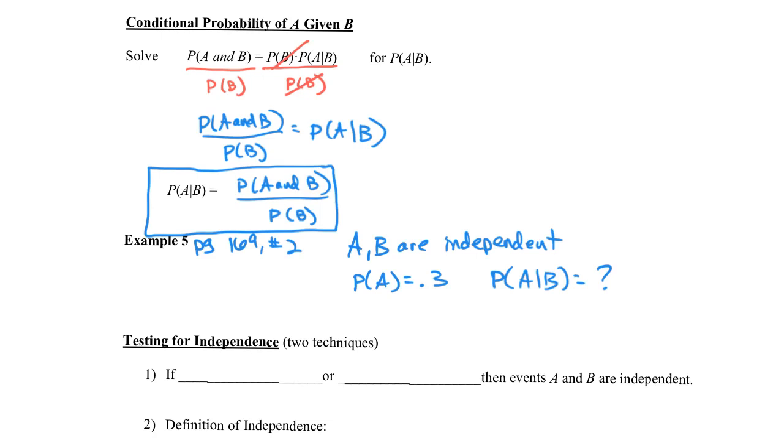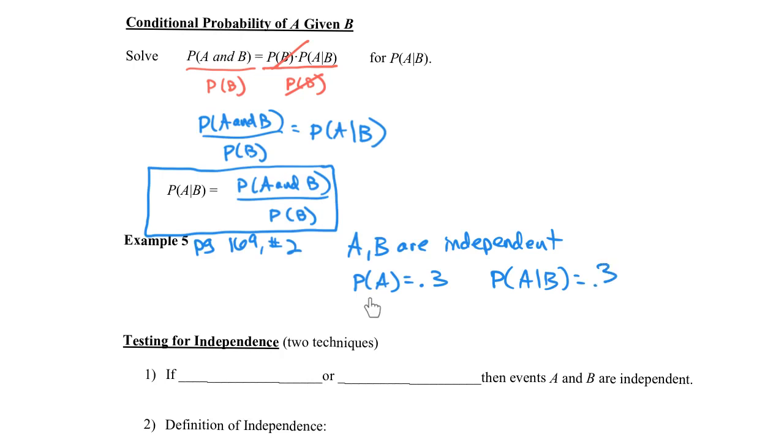Okay, so hopefully when you were figuring that out, you got 0.3. Here's the reasoning. Because it says right here they're independent, they have no bearing on each other's probabilities. So if the probability of A is 0.3, then the probability of A given B is still going to be 0.3. The fact that B happened had no bearing on it.